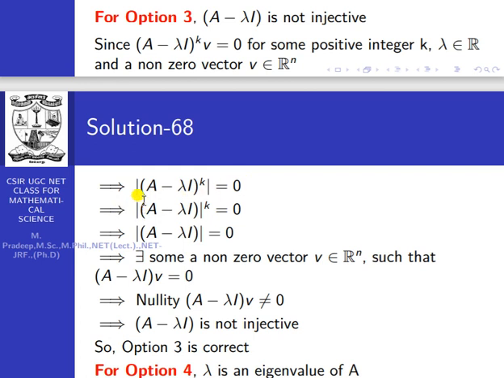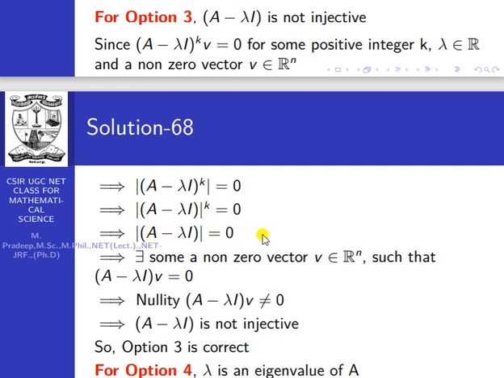Here, determinant of A power k equal to 0 implies determinant of A whole power k equal to 0. So determinant of (A minus lambda I) whole power k equal to 0 implies determinant of A minus lambda I equal to 0, since the kth power is 0. Then determinant of A minus lambda I equal to 0.